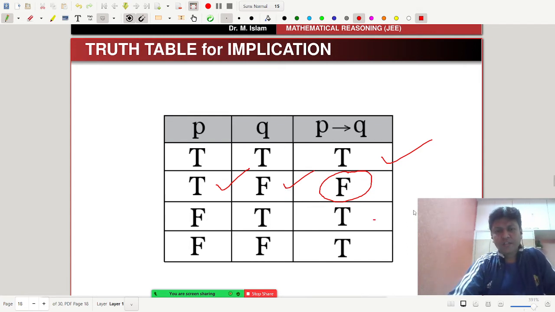I will explain the third row with an example. If P is false, Q is true, then P implies Q is true. If P is false, Q is false, then P implies Q is true. So it is only false if Q is false and P is true.